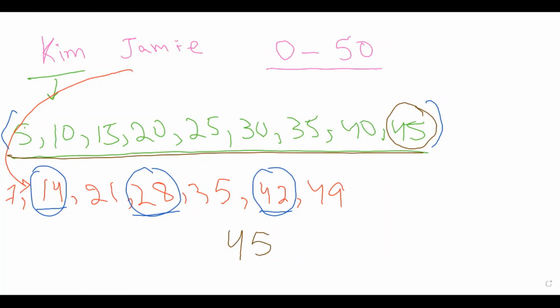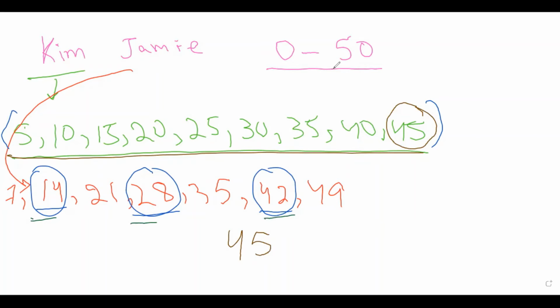And we have to find the difference between the largest possible value of Kim's number and the smallest possible value of Jamie's number. What is the smallest possible value of Jamie's number? Jamie's numbers are 14, 28 and 42.